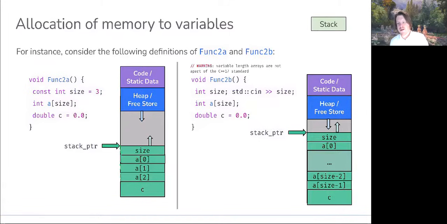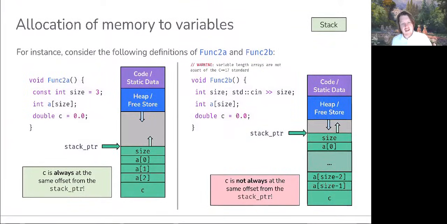So we can easily get to that location. Now let's look at func2b. With the variable sized array, this becomes a little bit more complicated. If we lay it out in order of declaration, we see size, we see the first element of the array, all the other elements kind of in here, and then we see A of size -2, A of size -1, and then finally C. So between different function calls, where C is going to live with respect to offsetting the stack pointer is going to vary.